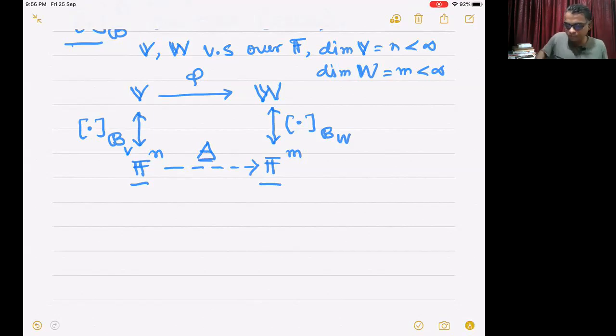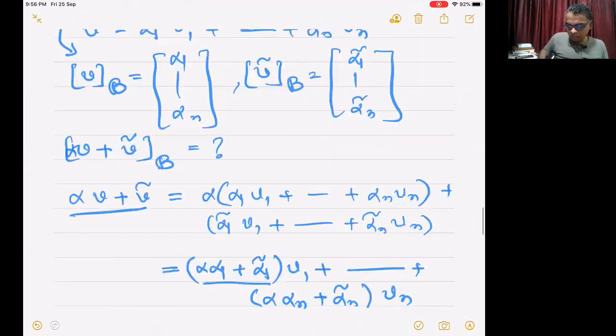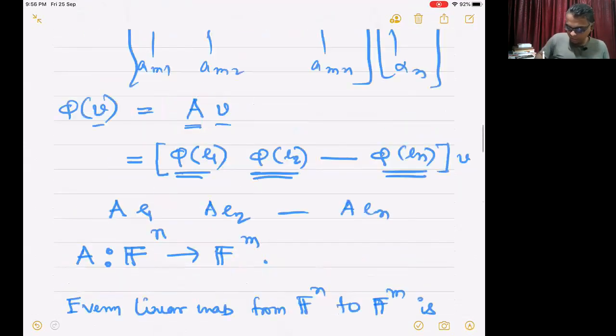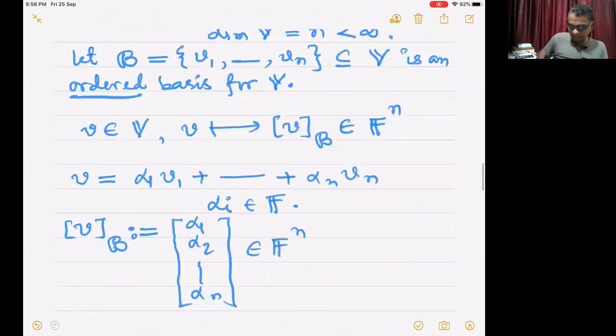Go back to what we have done to get the matrix. Look at the effect of the linear map on the basis vector E1. That will be the first column. On the basis vector E2, that will be the second column. On E3, the third column, and so on up to the nth standard basis vector. So here also you have to do exactly the same thing.